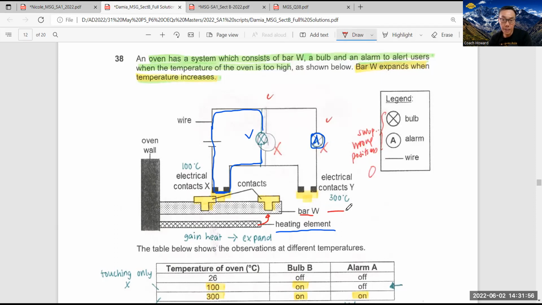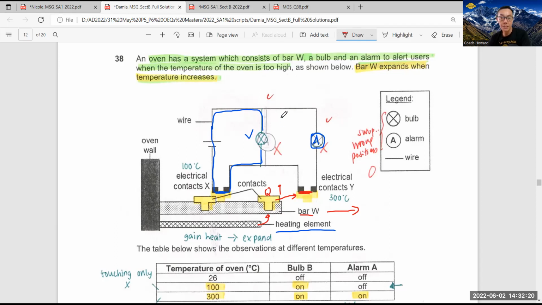So we assume that it can expand horizontally to the right and also vertically upwards. Can you see there is a shadow here representing 300 degrees centigrade; this contact, which I relabel as Q, will be shifted here, and this will form another closed circuit.